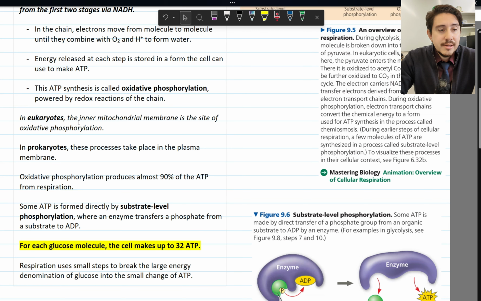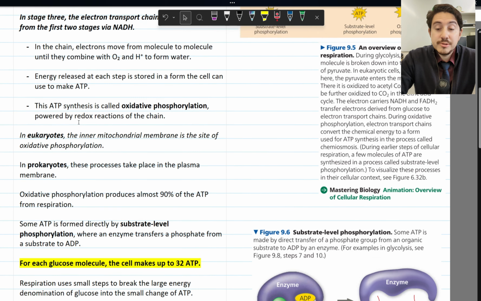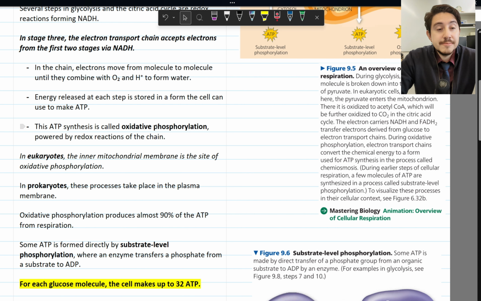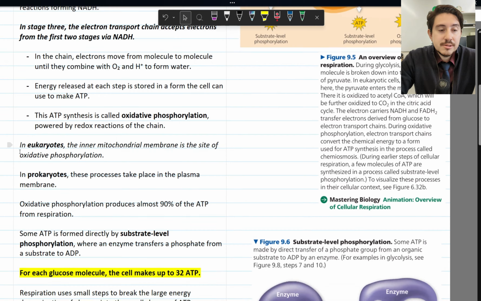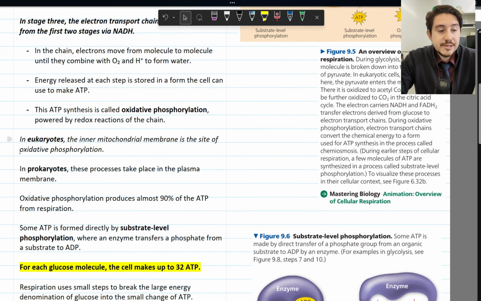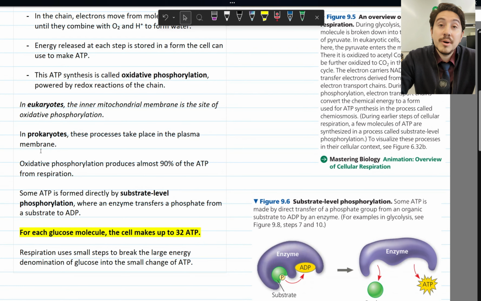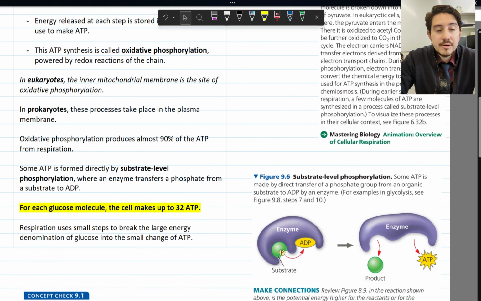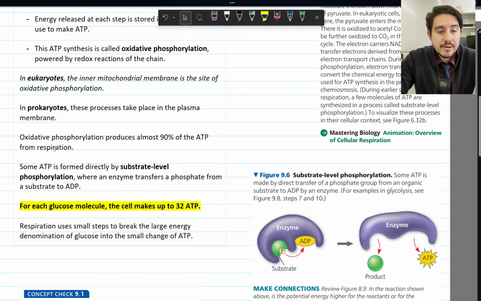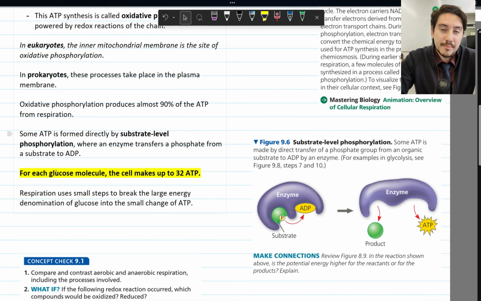We're going to take a look at other forms of ATP production, or substrate-level phosphorylation. So this formation of ATP synthesis is called oxidative phosphorylation, ultimately driven by redox reactions. As I mentioned before, in eukaryotic cells, it occurs in the inner mitochondrial membrane. In prokaryotes, it's happening in the plasma membrane.